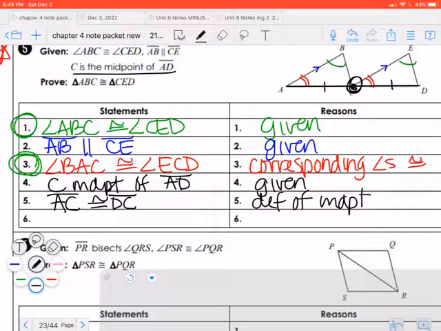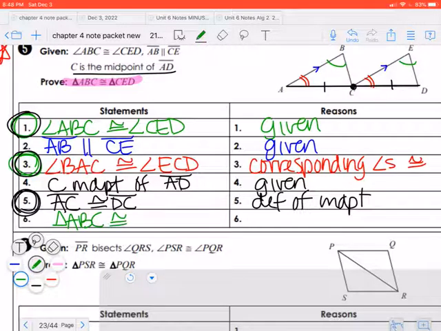Something's a midpoint, therefore the two halves are equal. All right, we have now angle, angle, side. We can now say the two triangles are congruent. Triangle ABC is congruent to triangle CED by AAS.